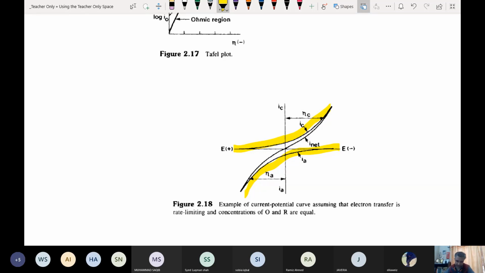Because the product will be either the oxidized species that you want, or you will want a reduced species. You are not looking for the equilibrium process, because in equilibrium nothing is happening. Okay, so that's why you always drive it to one side of the reaction or to the other side of the reaction. This is the reason for that.